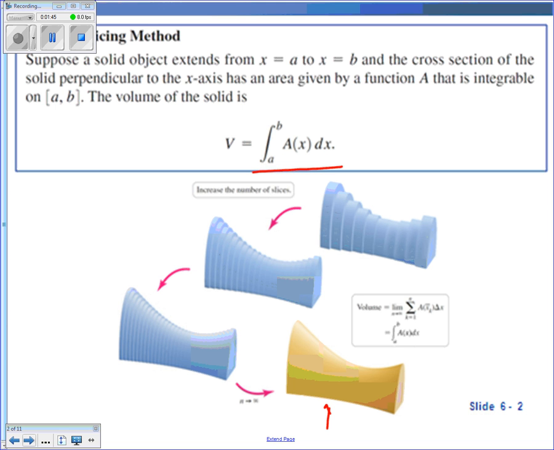We're going to do it by splitting it into smaller little pieces, the volumes of these little slices, and as you let the number of slices increase, you're getting closer and closer to what the actual volume of that solid will be. So you're summing up all of the volumes of the slices, then you're going to take the limit as n goes to infinity, and that translates to that definite integral.